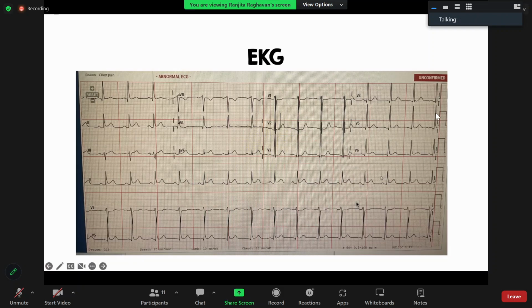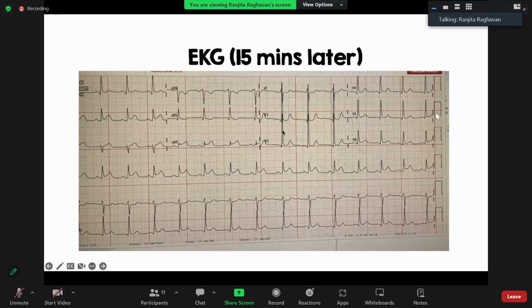So if you were not worried about a STEMI or an MI before, you can get your EKG 15 minutes later, and then it looks like this.